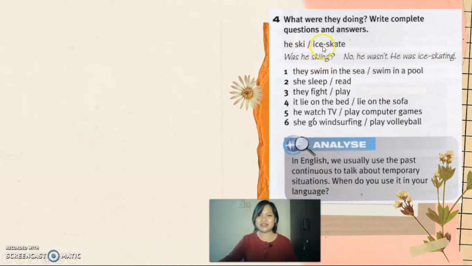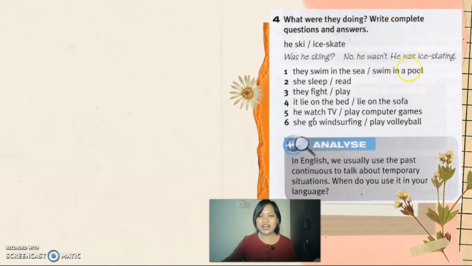So this is the interrogative form, where we ask a question and then state a negative statement, which is the past continuous in negative form. No, he wasn't. And then we state what was happening otherwise. Okay, he was ice skating.